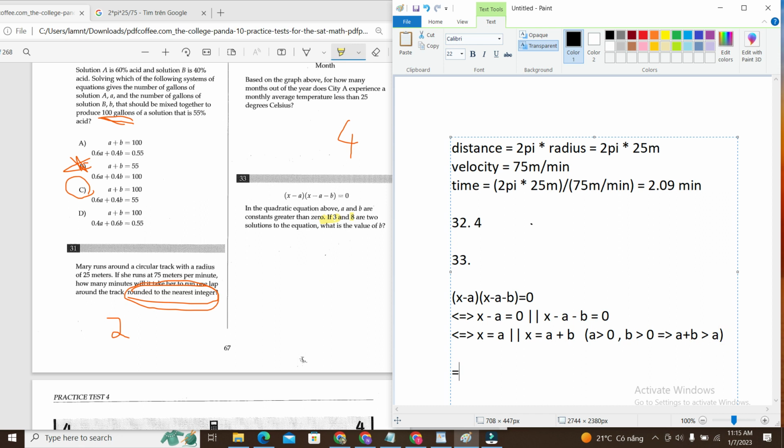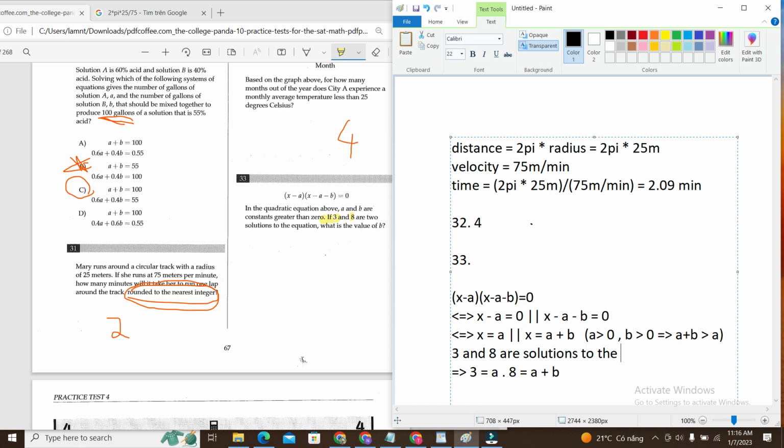So we can deduce 3 has to be equal to a, and 8 is equal to a plus b, because a plus b is bigger than a, so 3, the smaller number, is a. 8 is a plus b because 8 is the bigger solution.